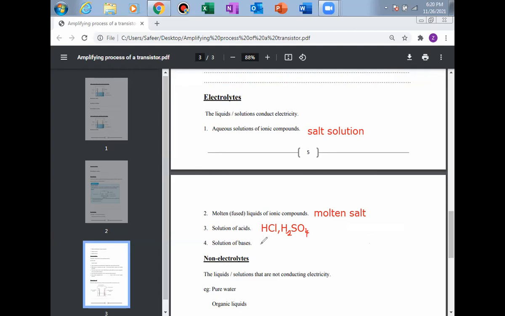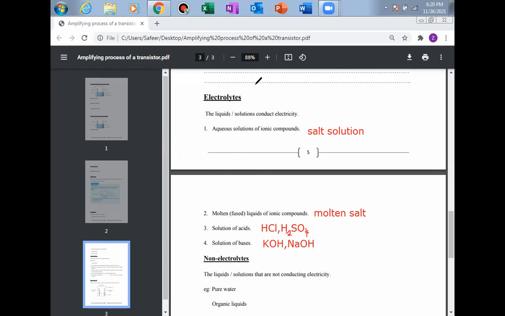Then solution of base. Sodium hydroxide, potassium hydroxide: KOH, potassium hydroxide, and NaOH, sodium hydroxide. These are bases. So four items are there.